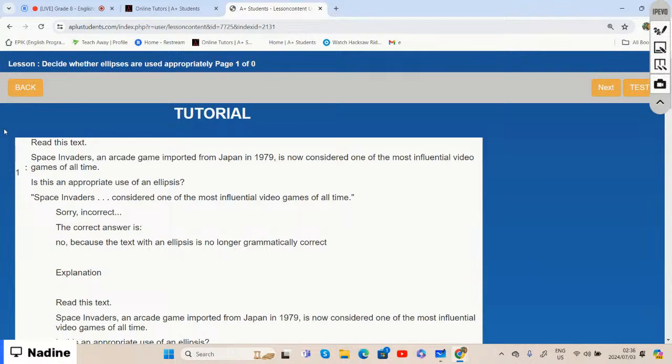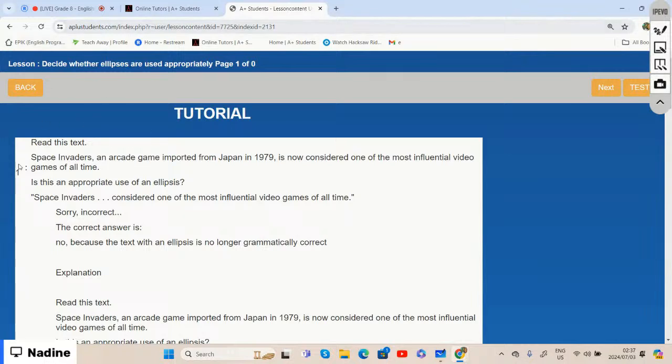All right. So look at the first one, right? The first one says, Space Invaders, an arcade game imported from Japan in 1979, is now considered one of the most influential video games of all time. All right.